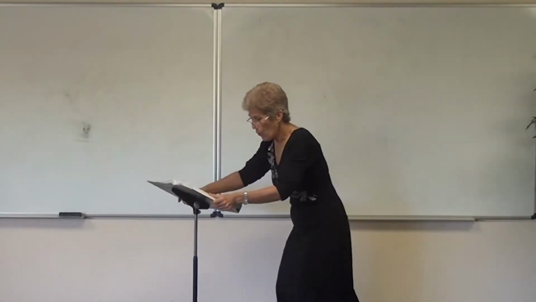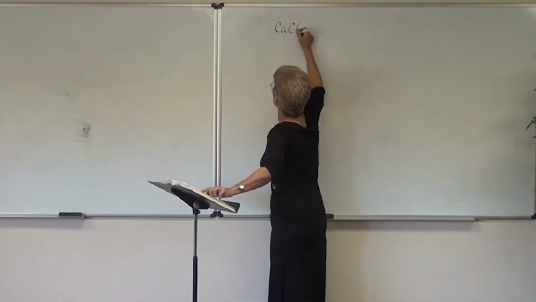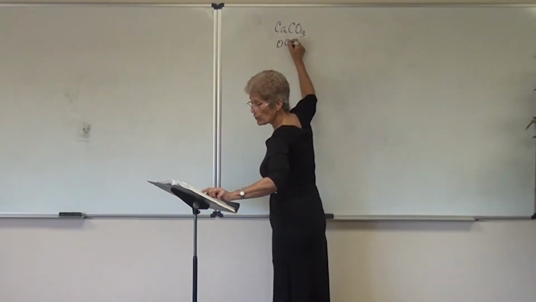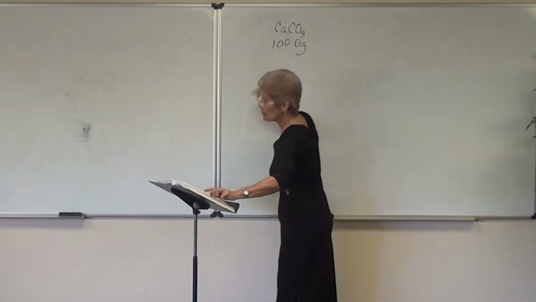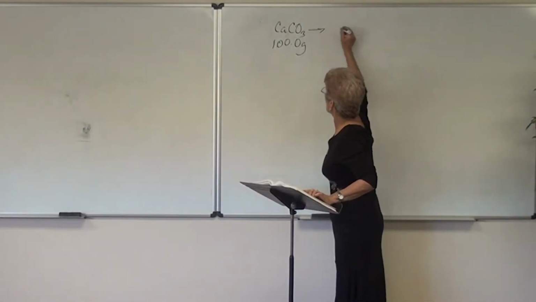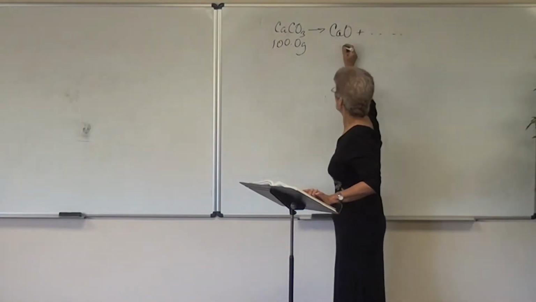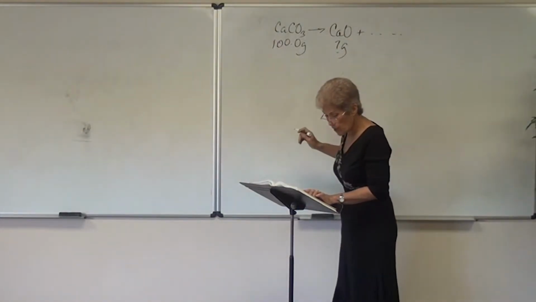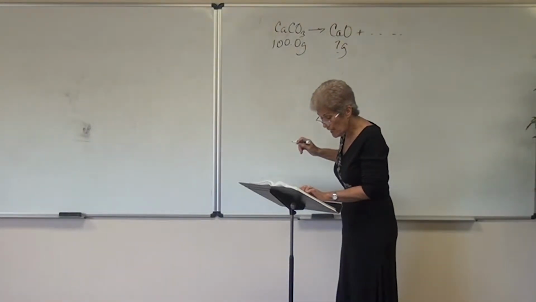Okay, so we have calcium carbonate, 100 grams. That's a 1 there, 100 grams. And we are trying to find out how many grams of calcium oxide are produced. It says, what is the percent yield?